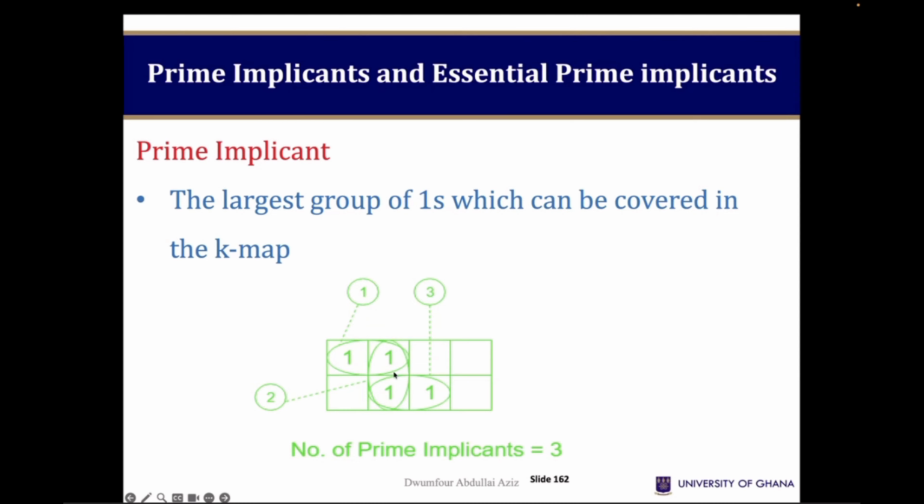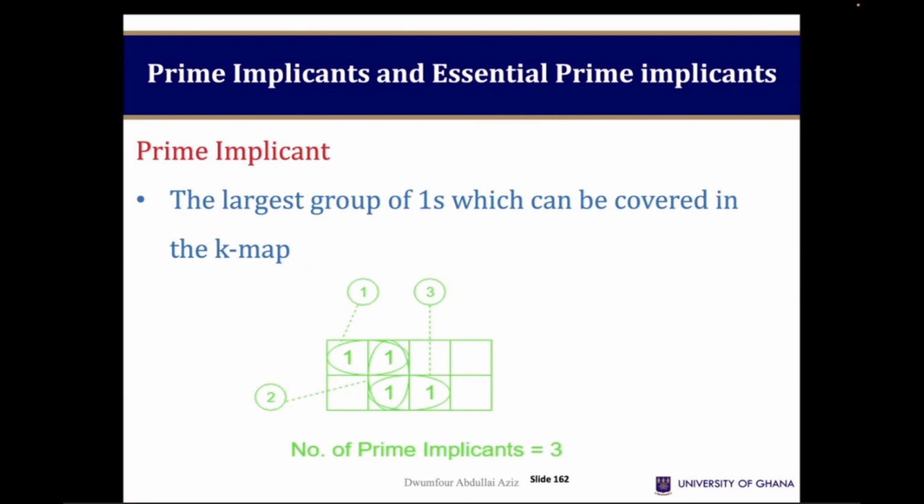If you take a look at this table here, we have 4 ones in the table. In other words, we have 4 implicants. But out of these 4 implicants, there are possible ways we can group them. First of all, we have to bear in mind that we need to form as large a group as possible.